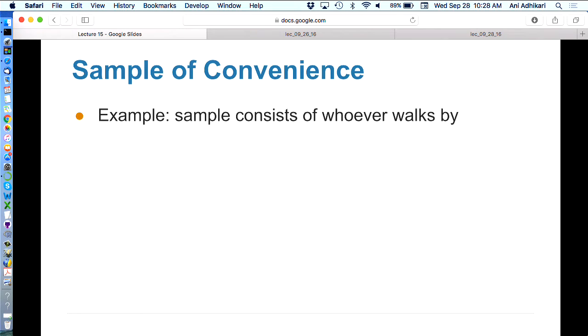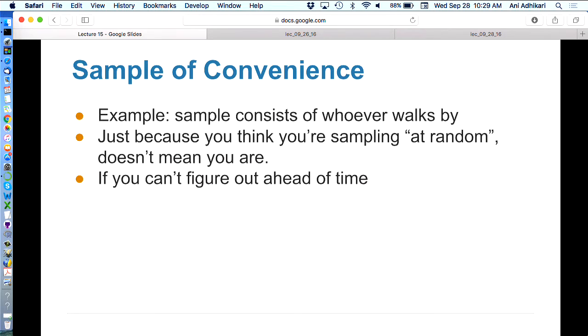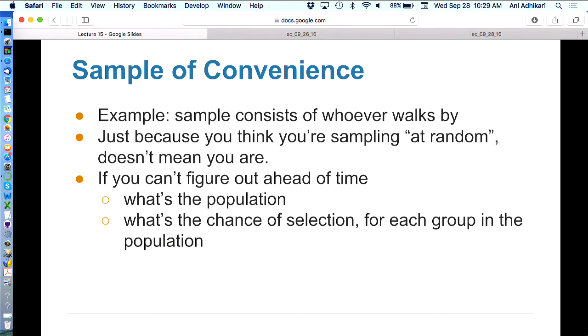Because you don't know who's going to pass by, you don't know what the population of people who are going to pass by is, and you certainly cannot say ahead of time, for each member of that hypothetical population, what the chance is with which they pass by. You can't say what the chance is with which any 10 pass by. So be careful, these are called samples of convenience for a reason.